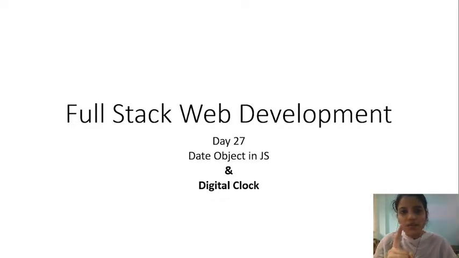Just one thing before I start. Yesterday, in case you missed the class or have not watched our recording, while studying the Math object we learned how to generate random numbers, especially for OTP generation. OTP generation by itself is a project.